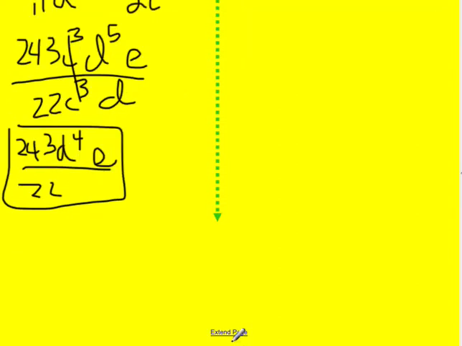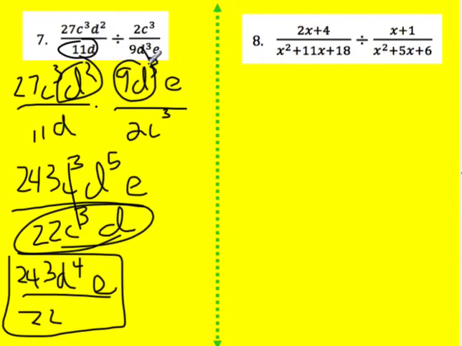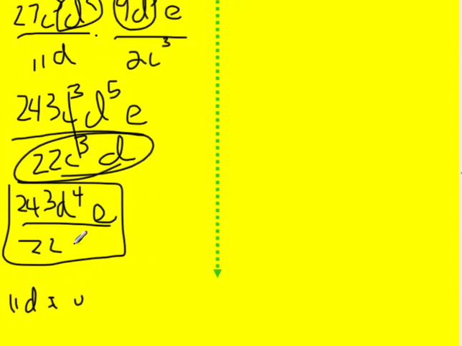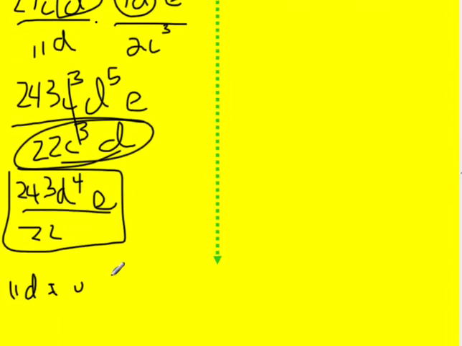What I need to do now is get my excluded value. So I'm going to look here before I cancel anything out. But actually, what I need to do is look at the original, because notice that that e was on the bottom at some point. So each one of these cannot be equal to 0. So 11d cannot be equal to 0. 9d cubed e cannot be equal to 0.